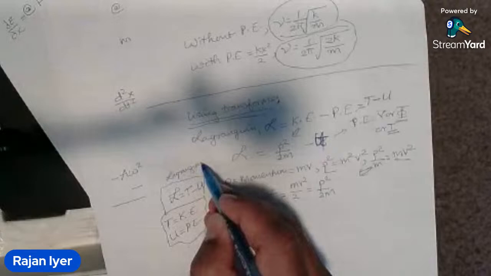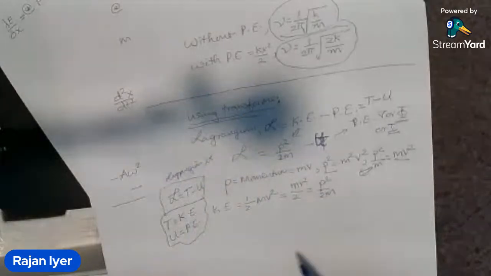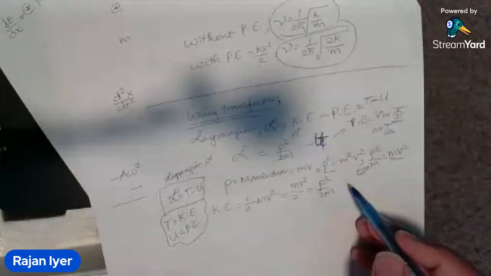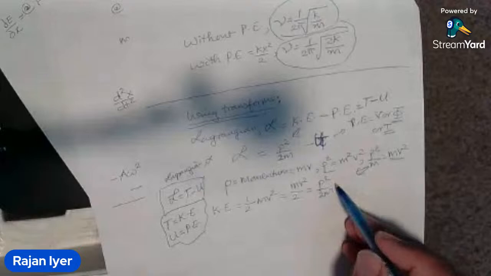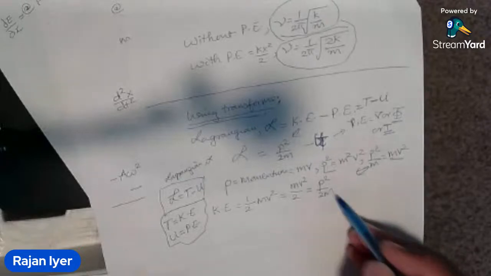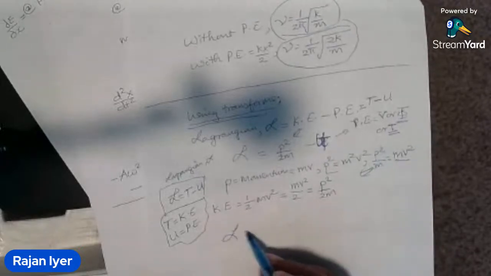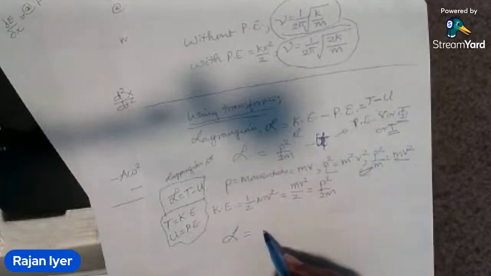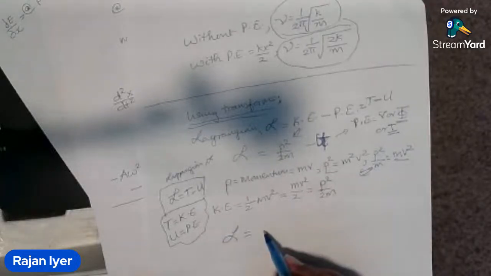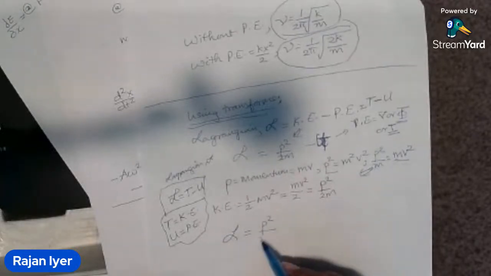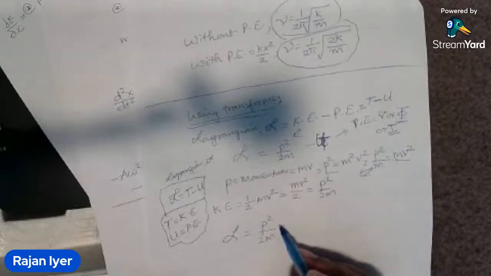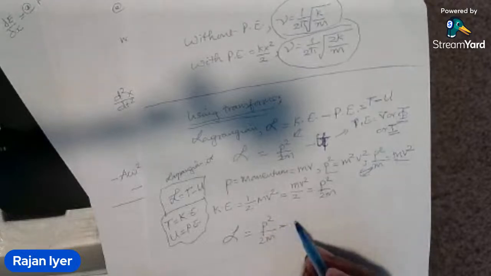Now, if I use all that, I get p square over 2m, and then I put back in the Lagrange. P square over 2m is the kinetic energy. Then I have minus u, the potential energy.